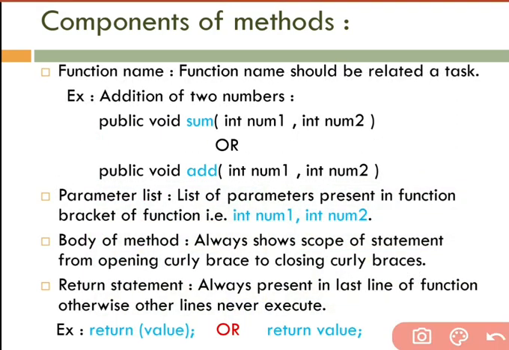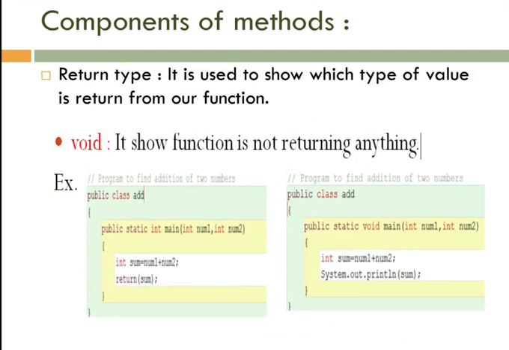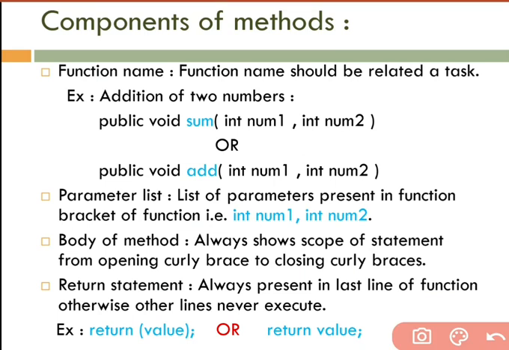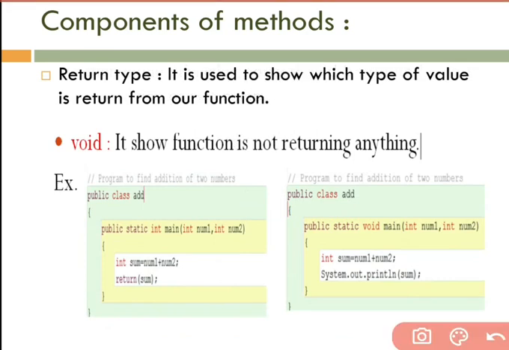And then we are moving further. We have the function name. The name should be related to the task. For example, in the example we have sum, we have add. And then we have the parameter list. In a previous slide, we had the parameter list.